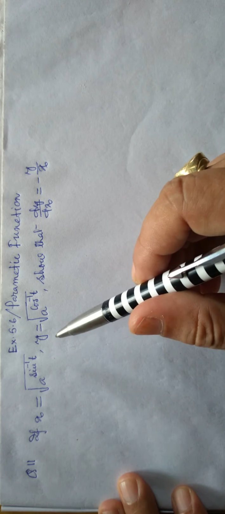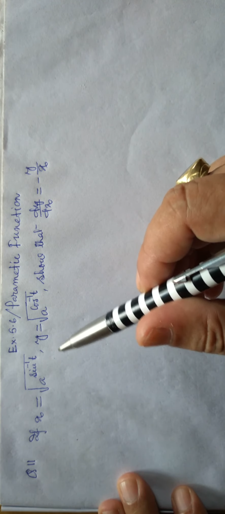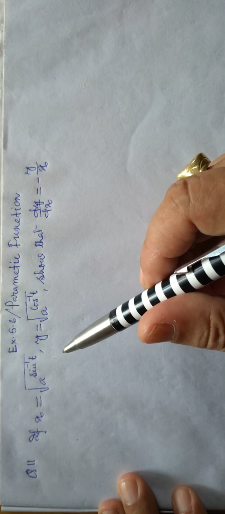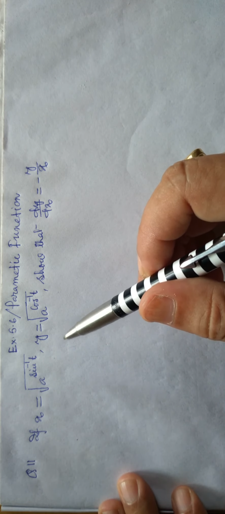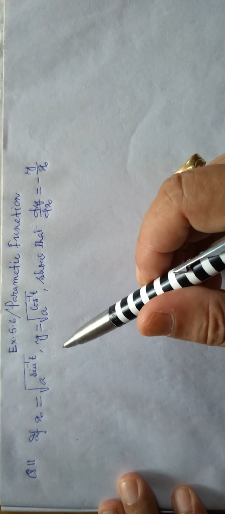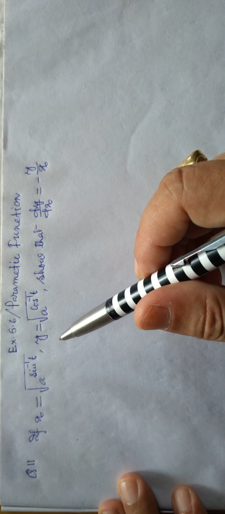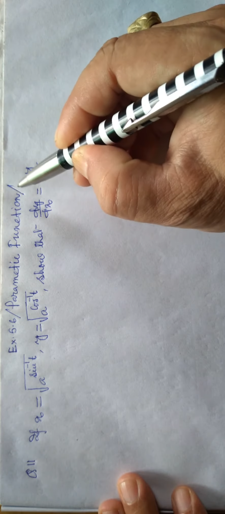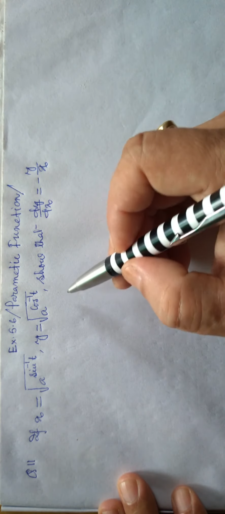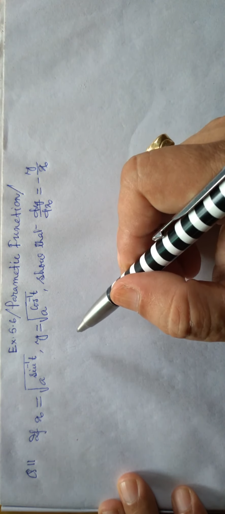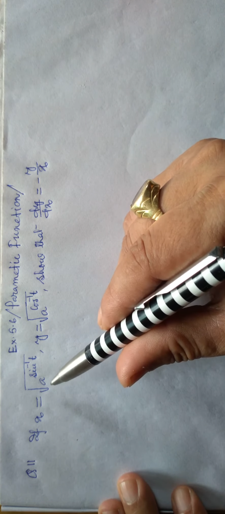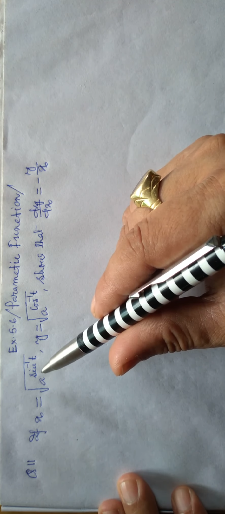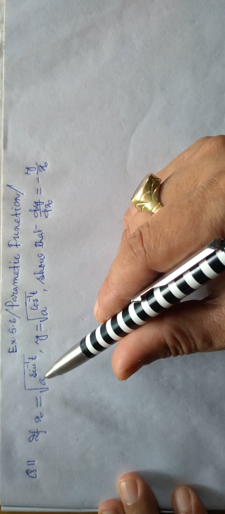That is why this t is the parameter of this equation. How many equations do we have over here? Two equations, both expressed in terms of t, so that is why t is the parameter. That is why this is called a parametric function, right?